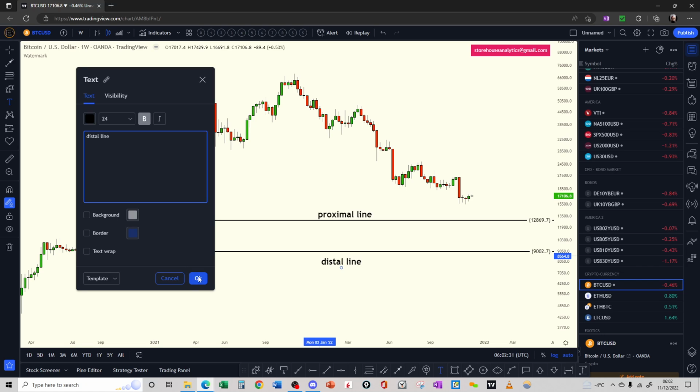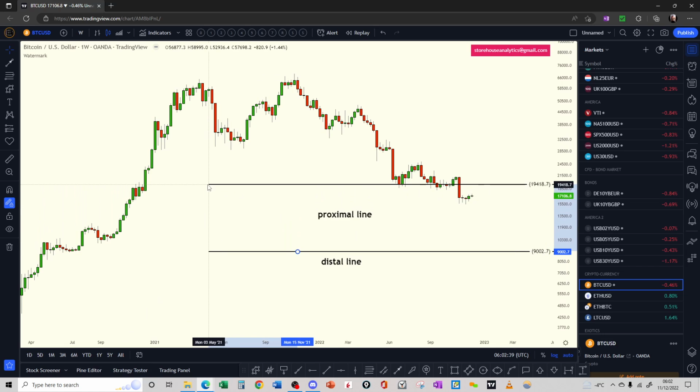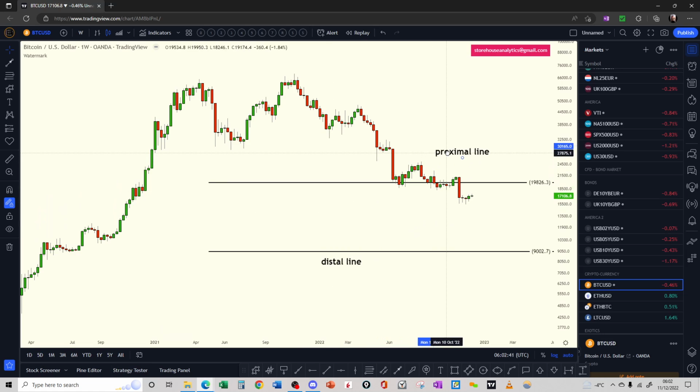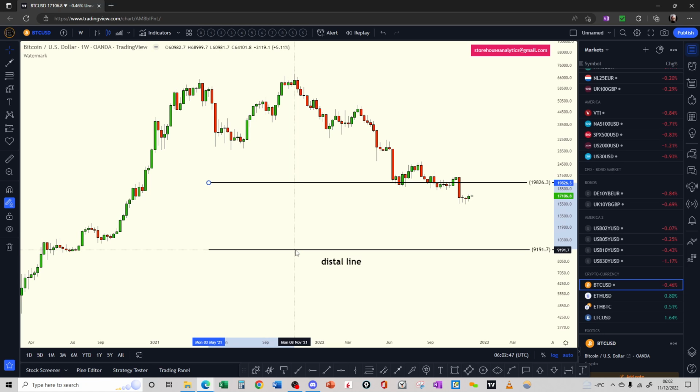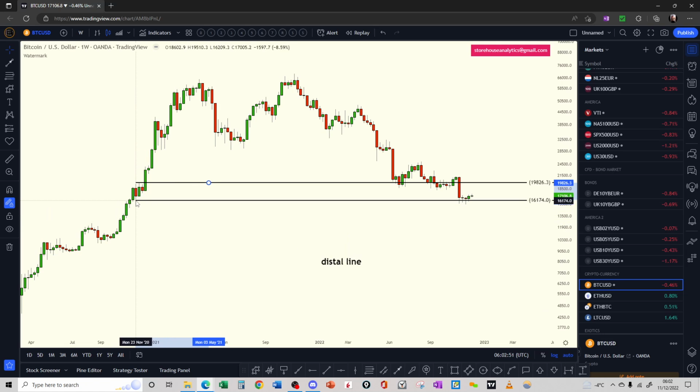There's nothing else. So those are the two lines. So with drawing the zones, for demand zones, the distal line is the easiest line to draw. The distal line is always placed at the lowest price in the base. So I'm going to zoom in on this so you see it.